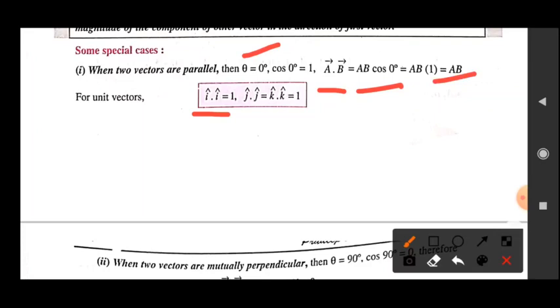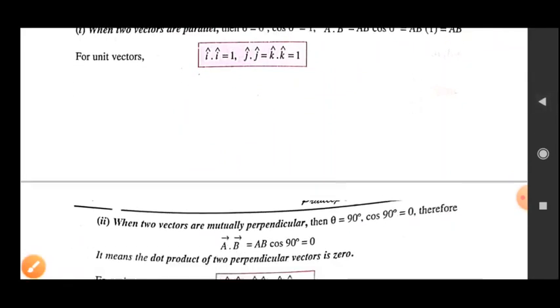As you know, a is the magnitude of a, and b is the magnitude of b. The magnitude of I, as I have told you, is equal to 1. Similarly, the magnitude of I and I is 1. So after taking the dot product of I cap with I cap, it will be equal to simply 1. Similarly, j cap with j cap and k cap with k cap will all be 1.